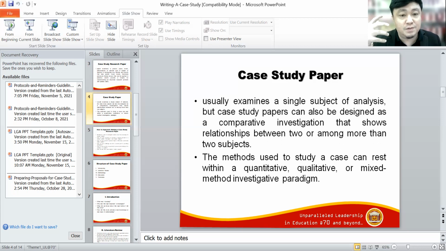Okay, so this is for us to be enlightened on a broader research problem, or to simply test a hypothesis.